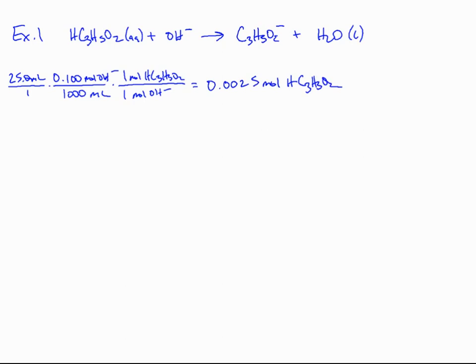Could have figured out the same thing using an ice table. That's probably more work than doing it this way. So the concentration of the propanoic acid. Here's our moles.